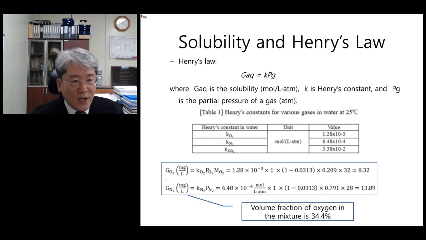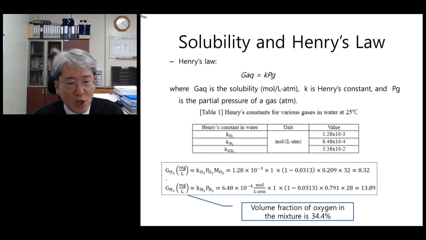Henry's law relates the solubility with the partial pressure of species with a proportionality constant called Henry's constant. For water at 25 degrees Celsius, Henry's constant for some important gases like oxygen, nitrogen, and carbon dioxide are shown in the table.